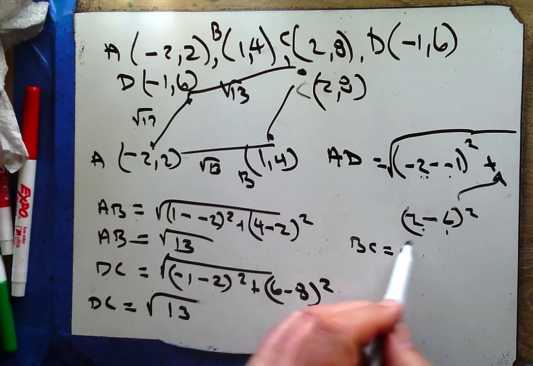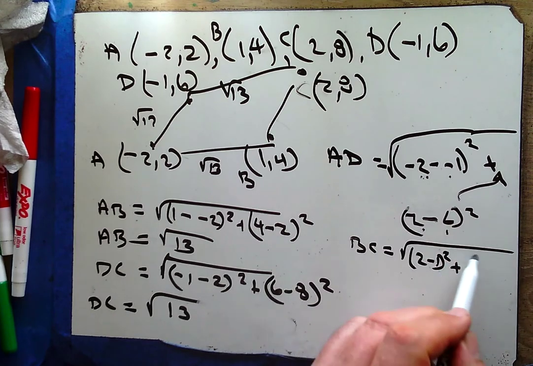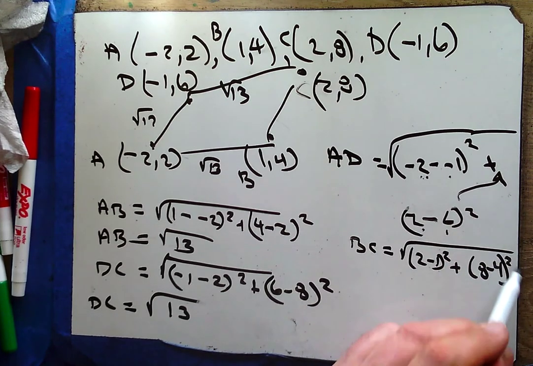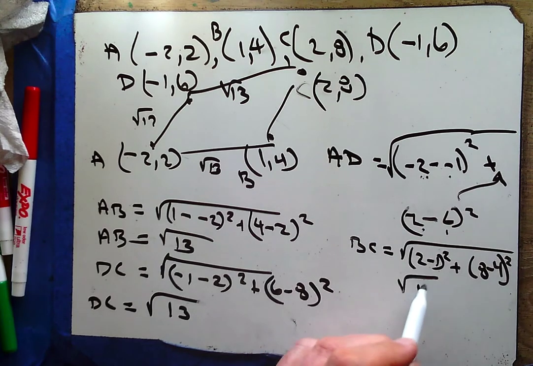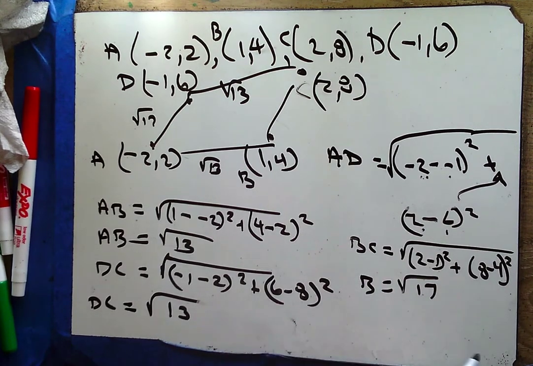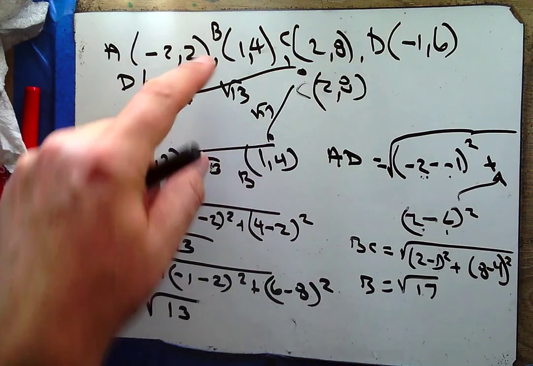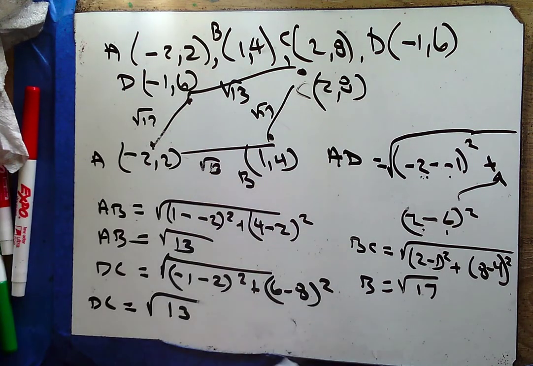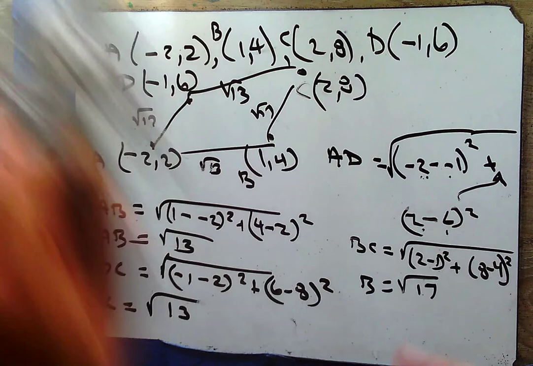BC would be the square root of 2 minus 1 squared plus 8 minus 4 squared. 1 plus 16 is the square root of 17. So this is also root 17. So because the opposite sides are congruent, I know that this is a parallelogram. But is it a rectangle?